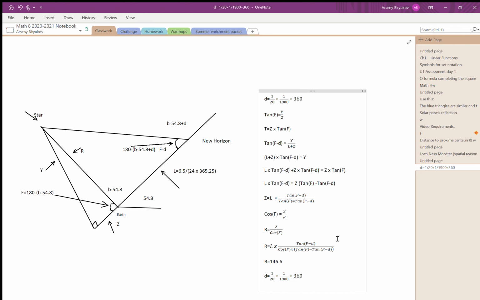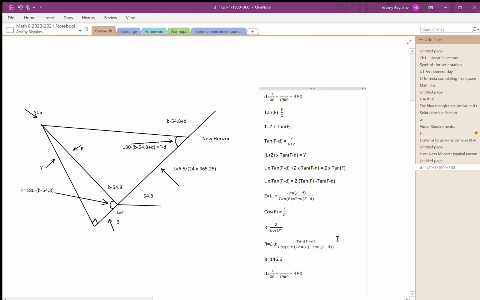L is already given to us at the start and it does not change. We also know that f is equal to 180 minus (b minus 54.8), and this is equal to 88.2.